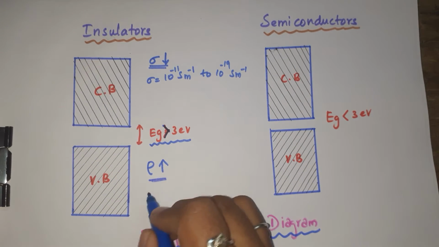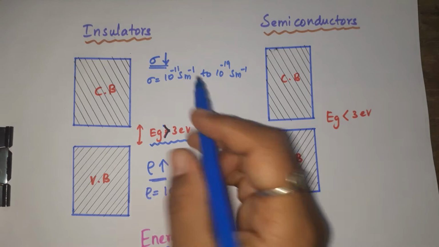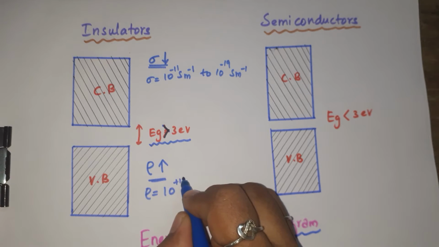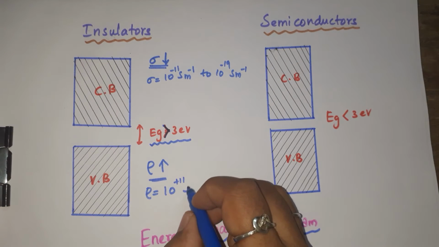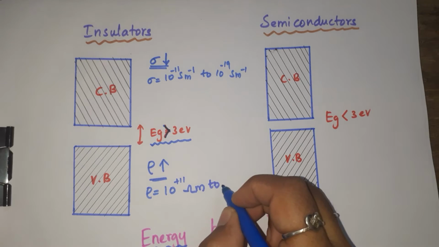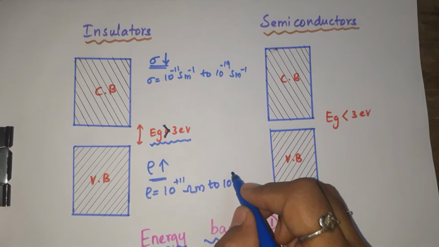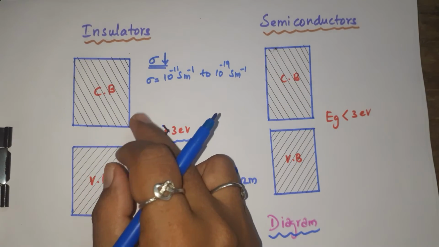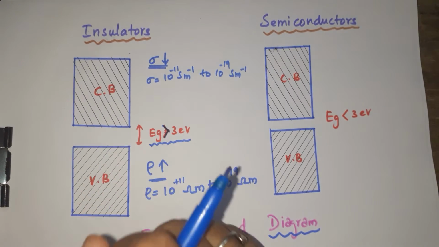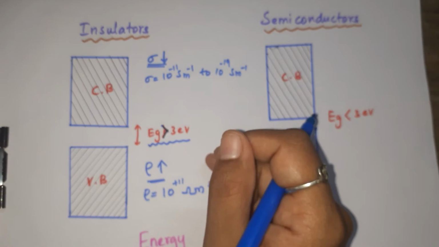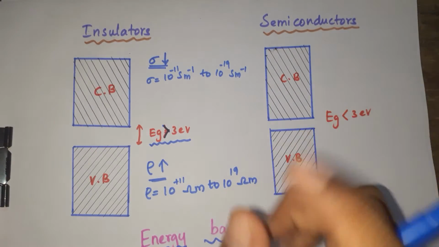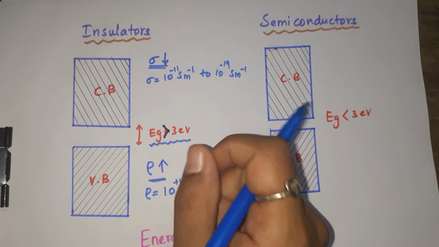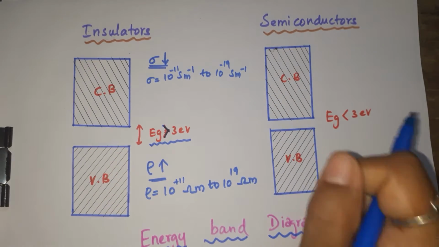So rho is equal to 10 power plus 11 ohm meter to 10 power plus 19 ohm meter. But insulators can also conduct electricity at high temperature or at high potential. Remember that point.